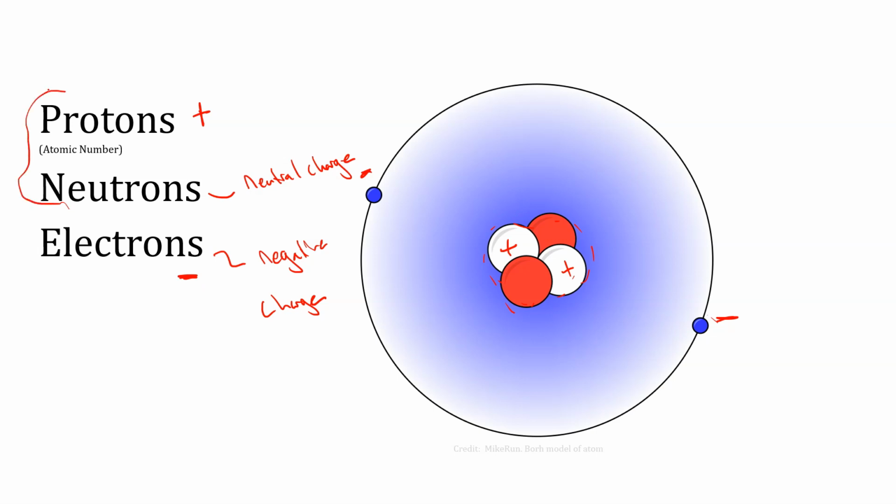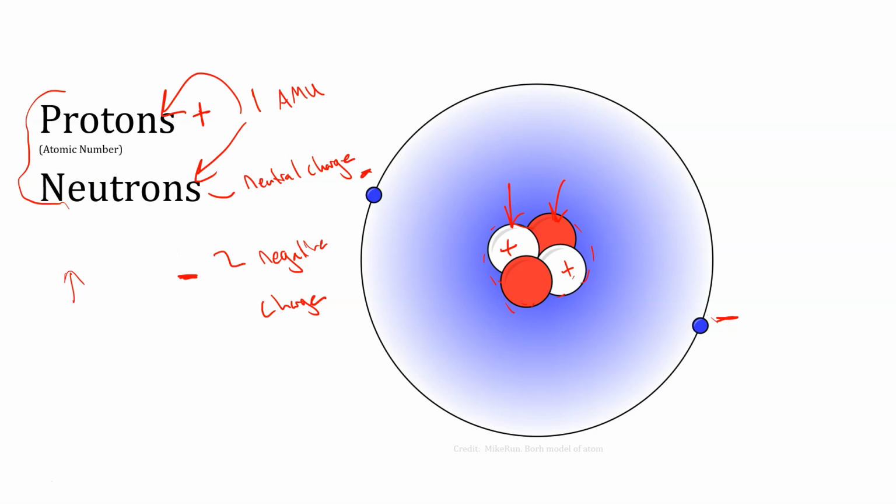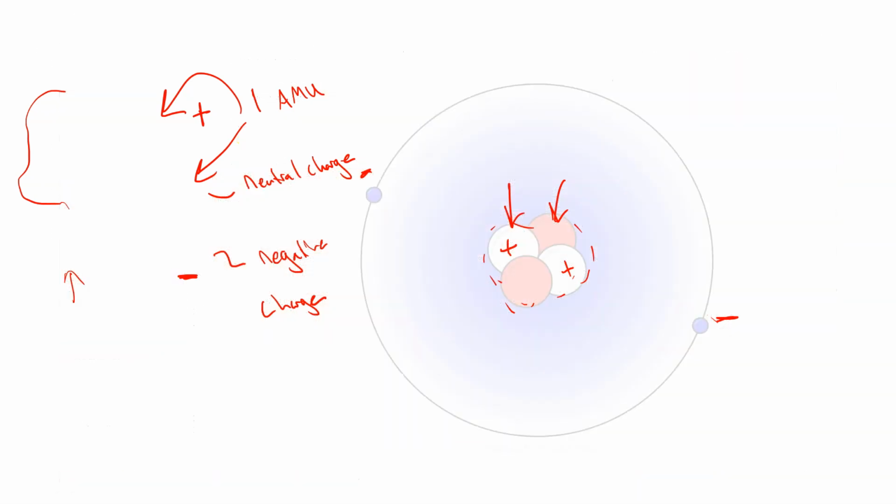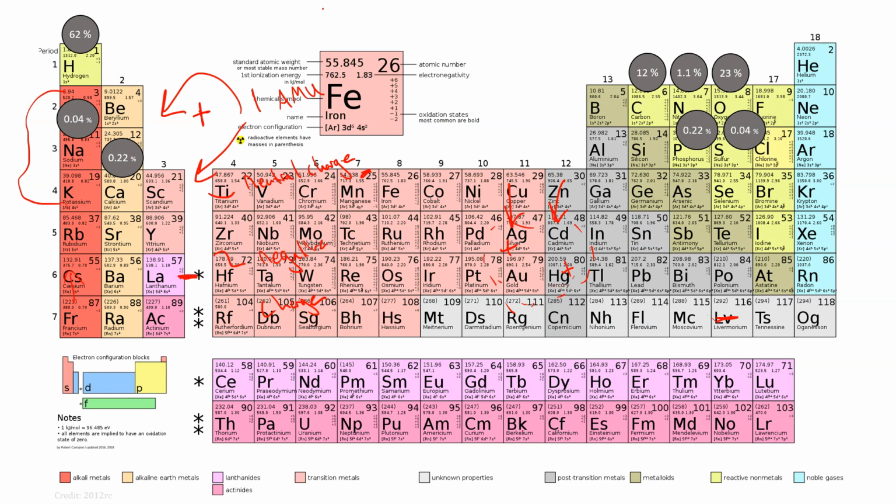These are in the nucleus. These are whirling around outside. These, as you can see from the picture, are bigger. So these actually have a bigger mass to them, relatively speaking. We usually give them a mass of what's known as 1 AMU. And electrons are so small, we don't really consider them to have any mass. So if we look back at the periodic table, all atoms will have an atomic weight listed.